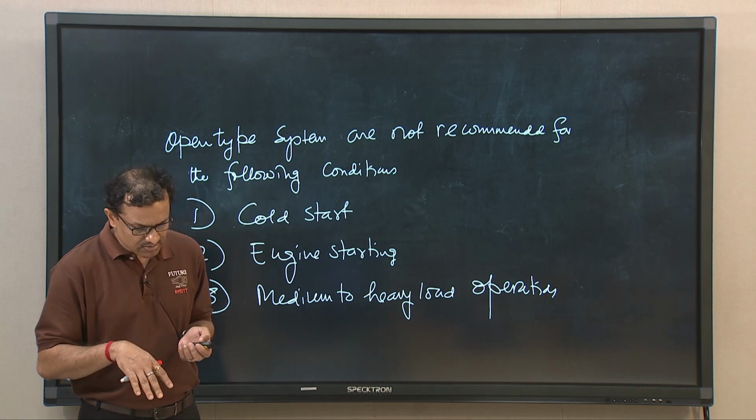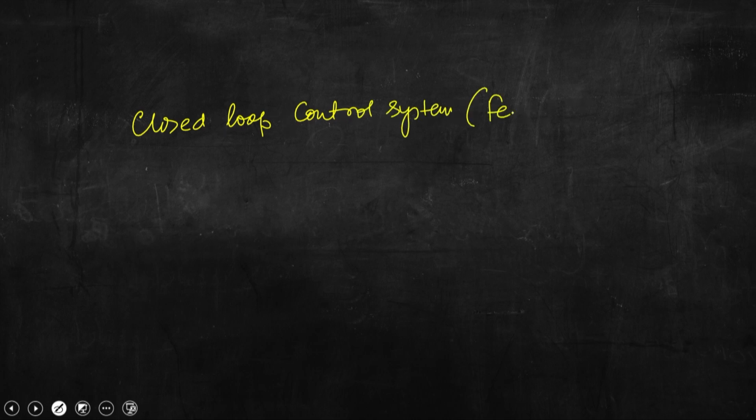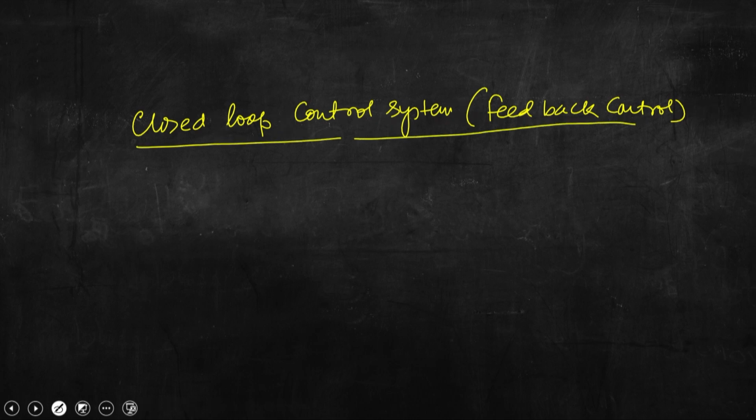Now let us discuss the next one, that is closed loop control system or feedback control. Let us discuss this type using a block diagram.